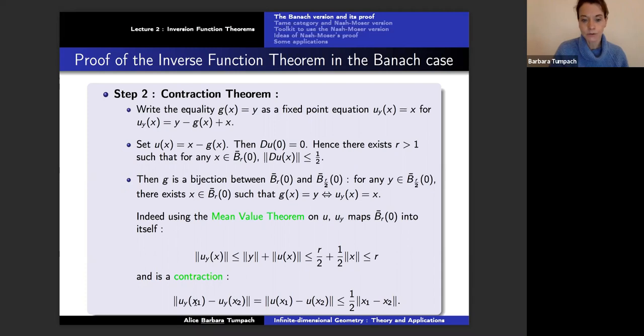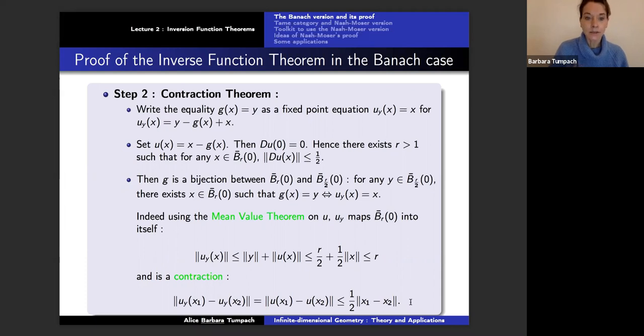So here we have to estimate the difference between the images, two images. And again, we simplify because it's the same y here, so there's no y entering now in this difference. And again, we use the fact that the differential of u is in norm less than 1/2, and we get this contraction estimate.